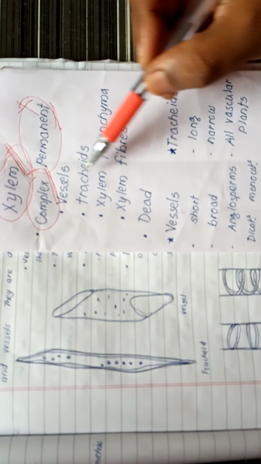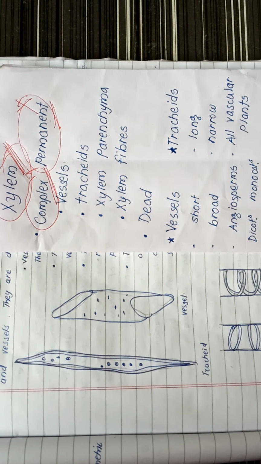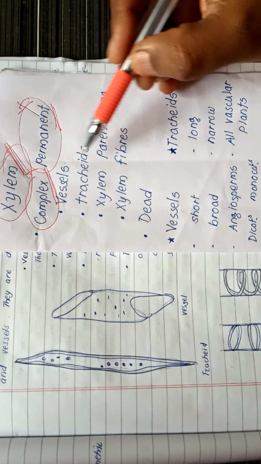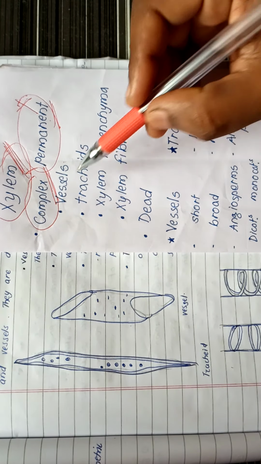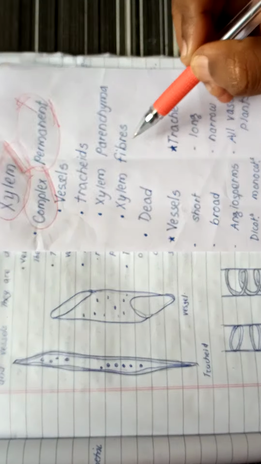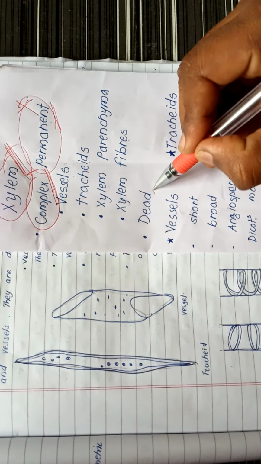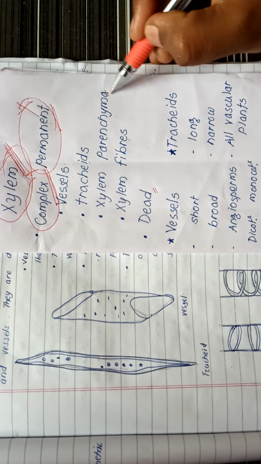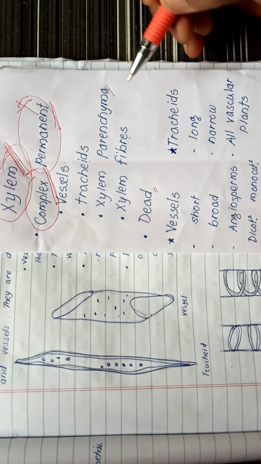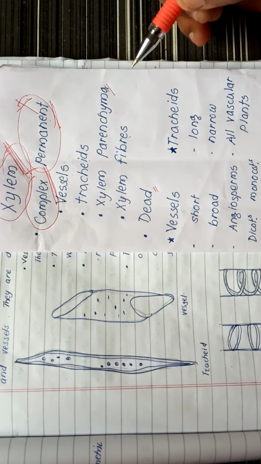Out of these four, the vessels, tracheids and fibers are dead tissues, and only the xylem parenchyma is living tissue.